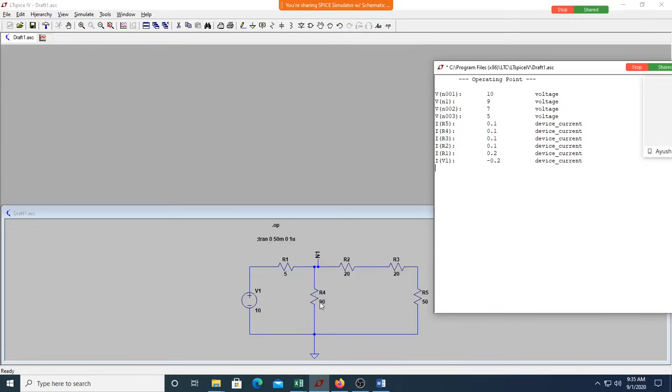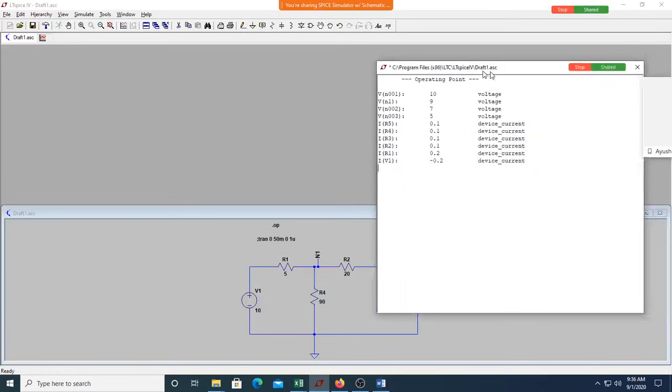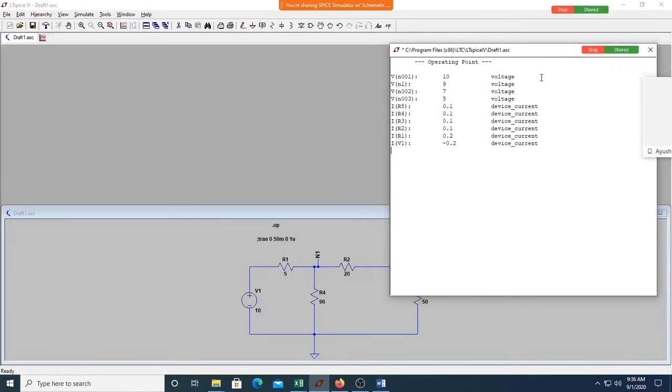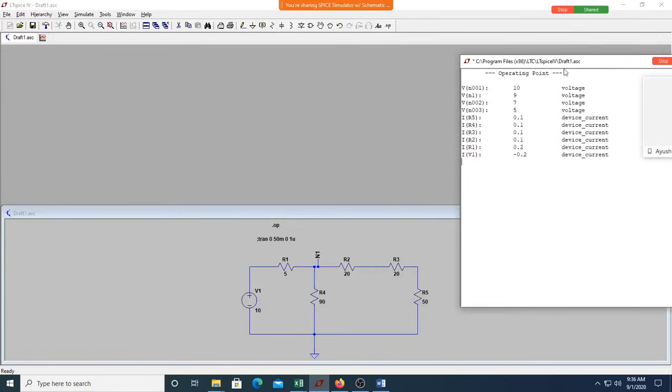I4 into R4 is equal to the current flowing through R2 into R2, the current flowing through R3 into R3, and the current flowing through R5 into R5. So 9 is equal to this drop plus this drop plus this drop. The equation is I2 R2 plus I3 R3 plus I5 R5 is equal to 9.